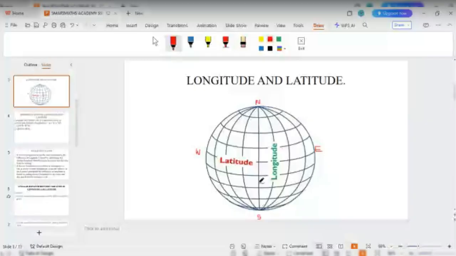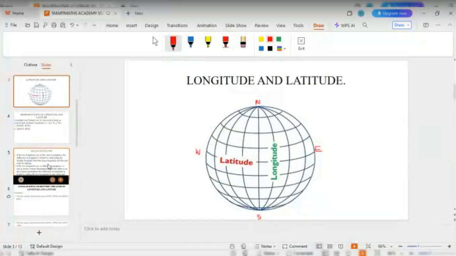Now, if you have longitudes that fall on the same side of the meridian, like this line and this line, we subtract the smaller longitude from the larger one. But if they fall on different sides of the meridian, we are going to add them.